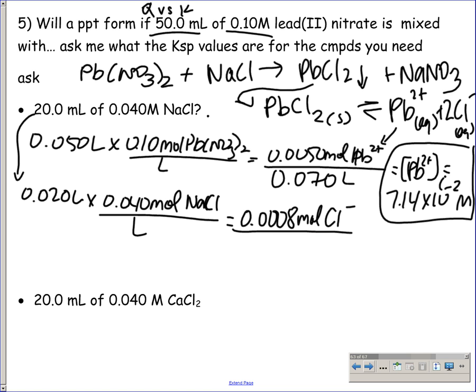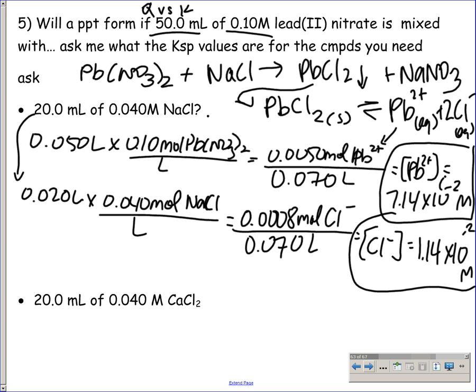Divide that by what's my new solution volume? 70 again. So this is a problem that a lot of people forget to do. They forget that when they're doing a mixture, you have to dilute everything to the new solution volume. That's going to give us our chloride ion to be 1.14 times 10 to the negative 2 molar. Okay. That's giving us our initial concentrations.